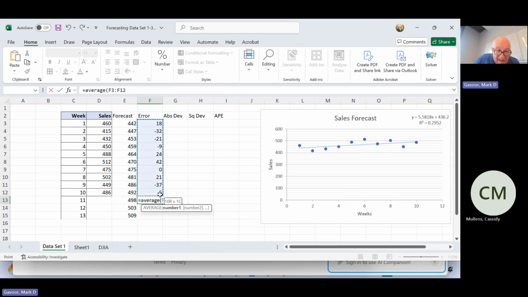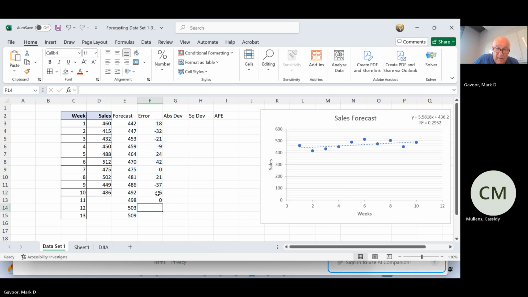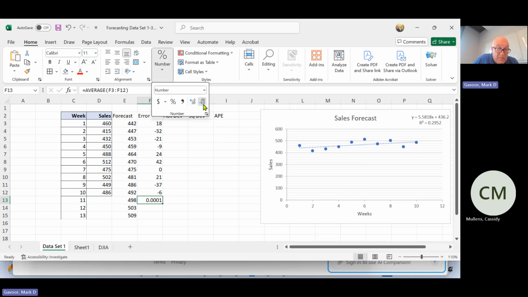There, I want to highlight those numbers I'm taking the average of. And notice it comes out to be 0. How many decimal places does it come out to be 0? 4 decimal places. It comes out to be 0. Why does it come out to be 0?